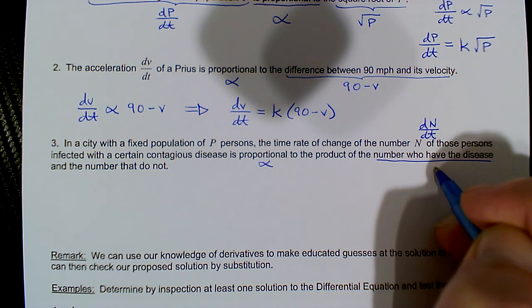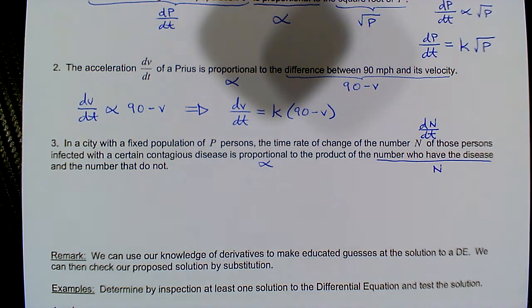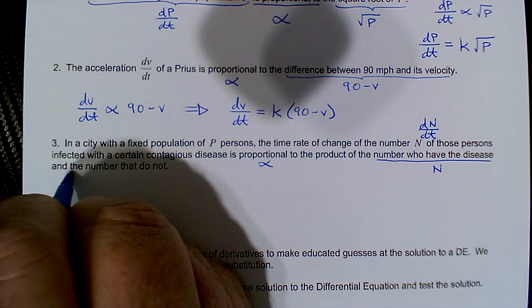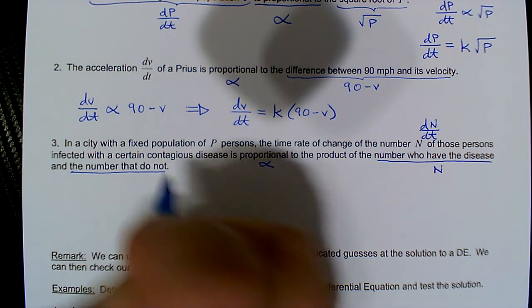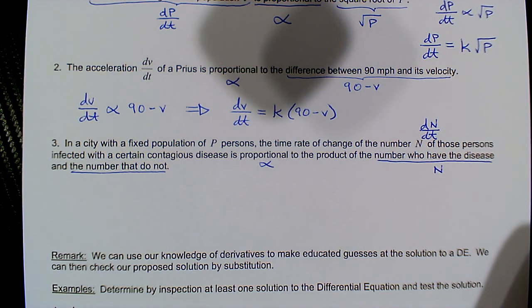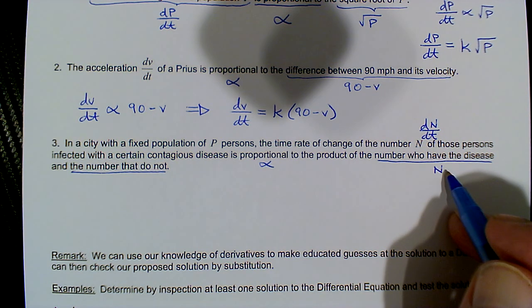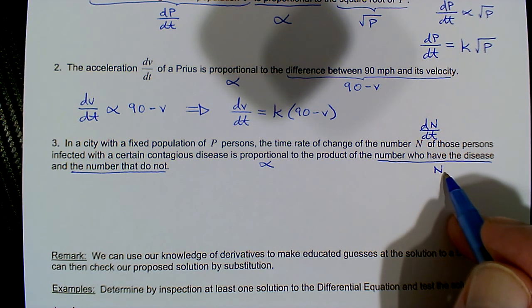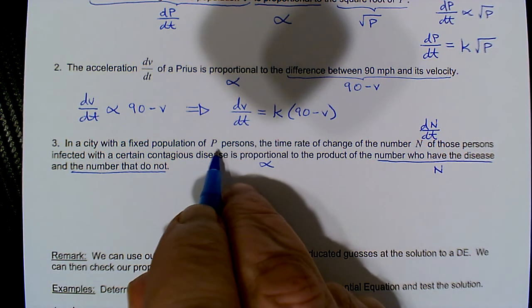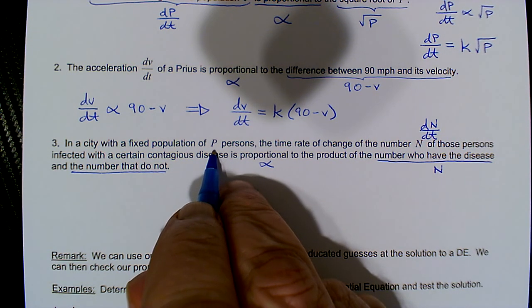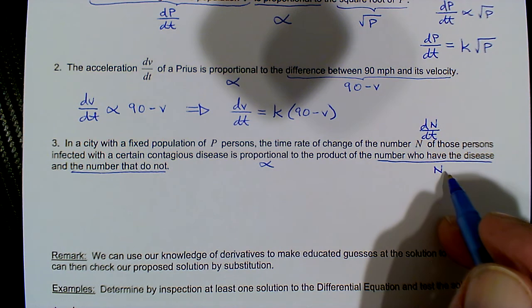So here, what we have to realize is that if n represents the number of people that have the disease, and p is the total population, you either have the disease or you don't. So if n people have the disease, then p minus n people do not have the disease.